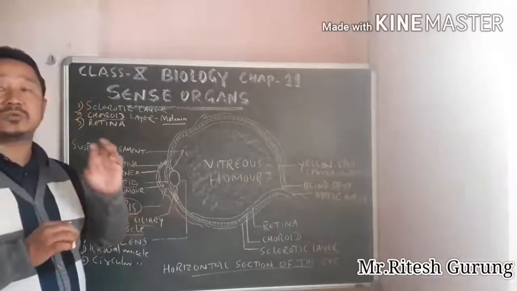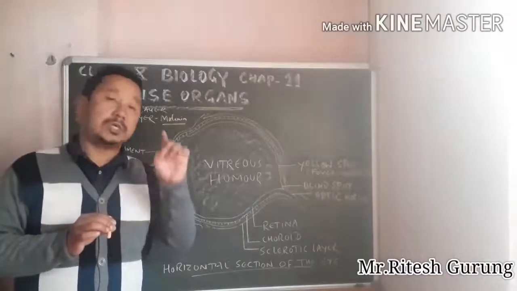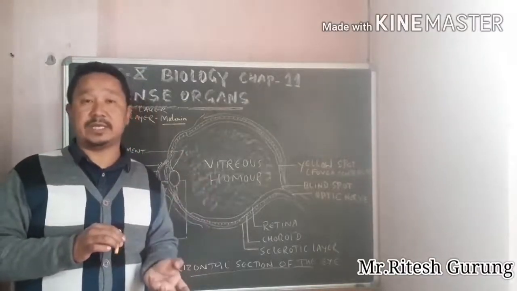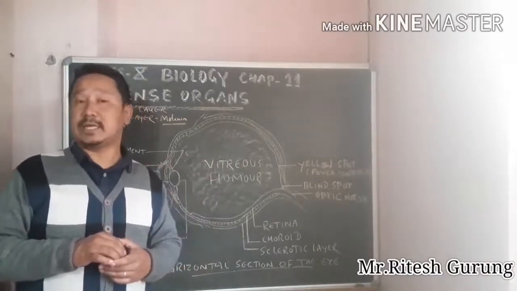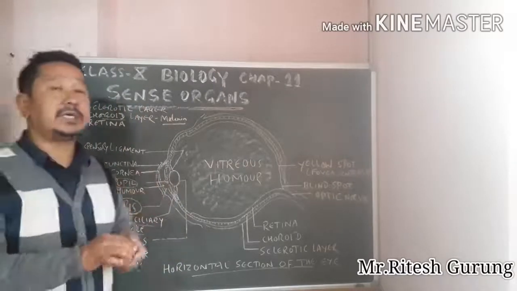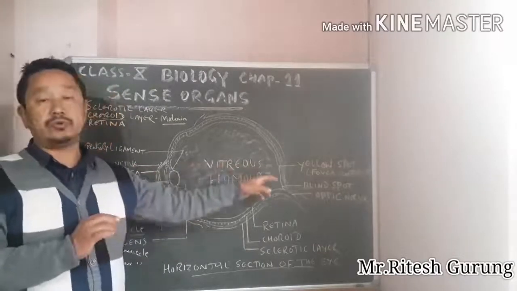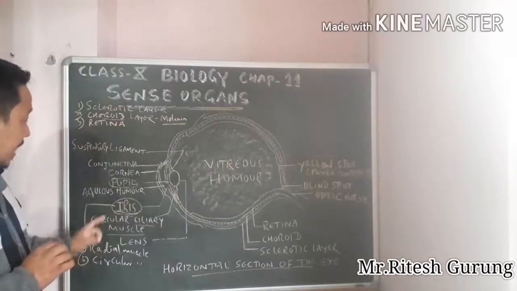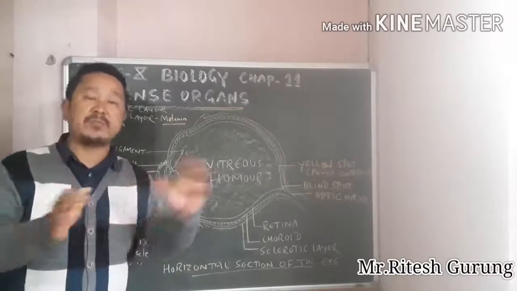So what we have understood is that the function of the pupil is to allow the required amount of light to enter the eyes, so that the correct image is formed inside. That is the main function of the pupil. Then the pattern and arrangement of the iris varies from person to person.